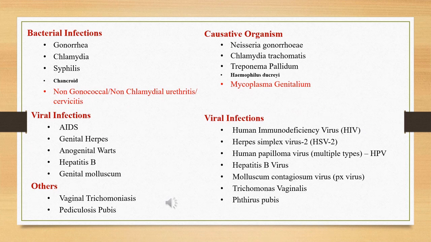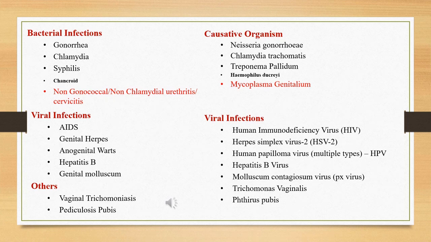Bacterial STIs include gonorrhea, caused by Neisseria gonorrhoeae, a gram-negative bacteria. Chlamydia, caused by Chlamydia trachomatis, an intracellular gram-negative bacteria. Syphilis, caused by a spirochete, Treponema pallidum. And an emerging new pathogen, Mycoplasma genitalium, causing non-gonococcal, non-chlamydial urethritis in men and cervicitis in women.